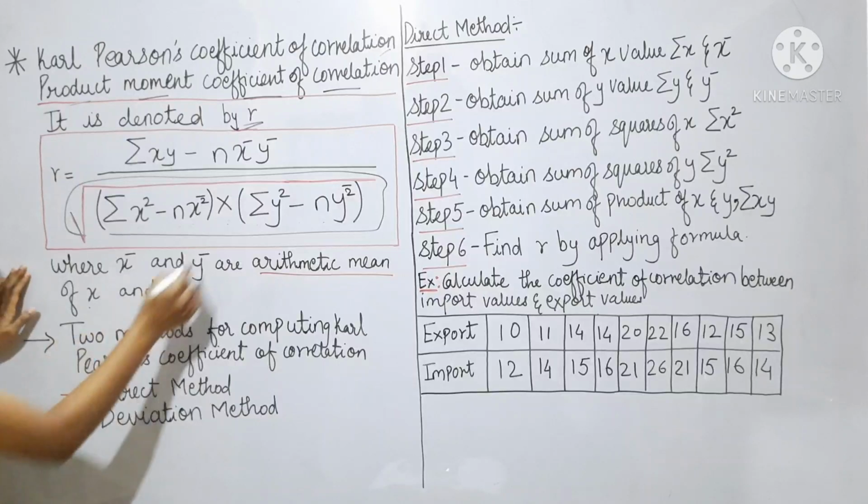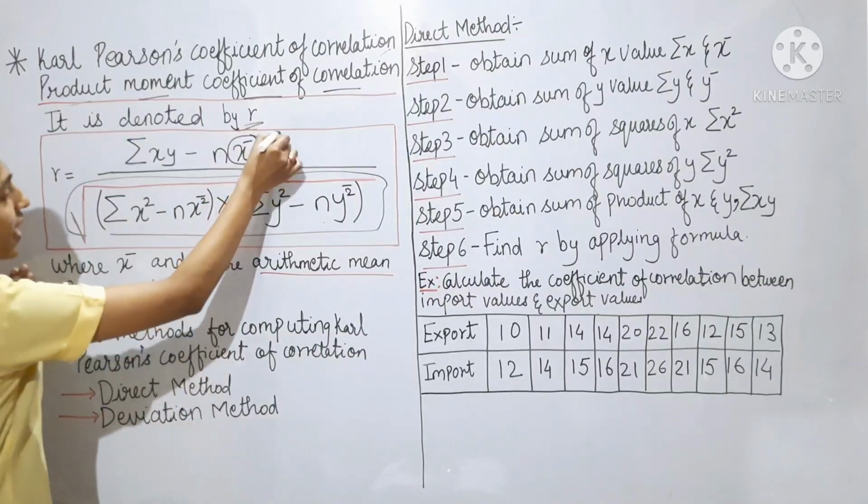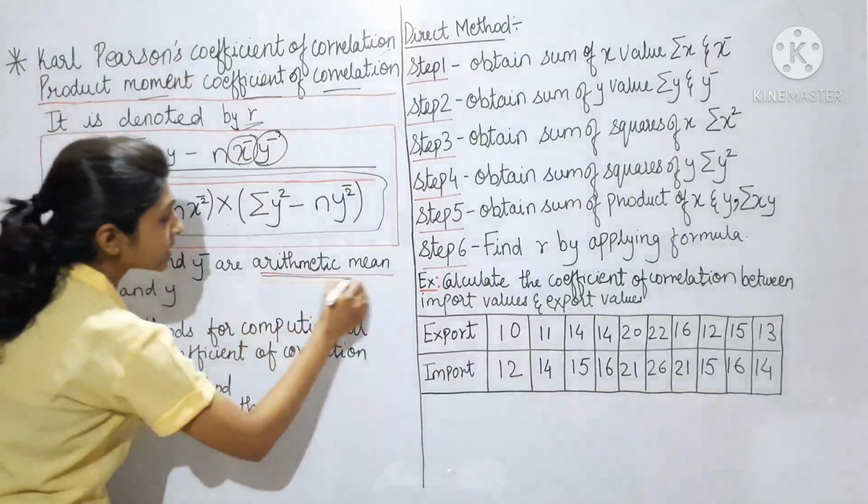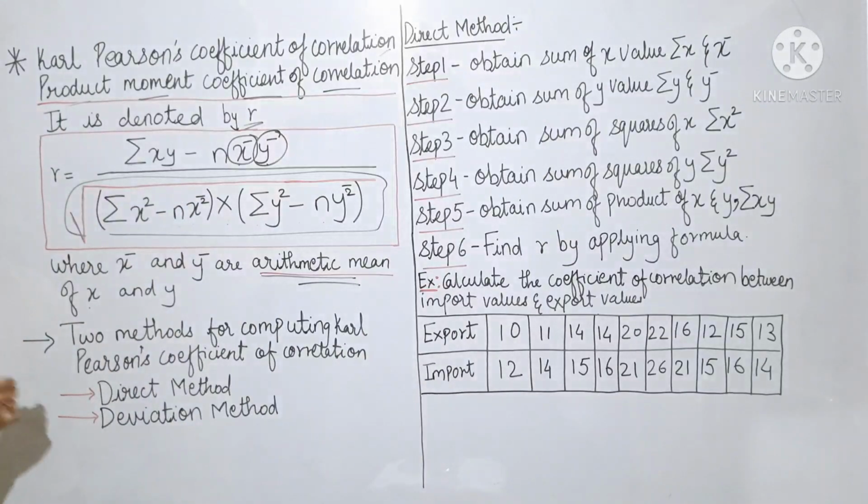Now in this formula, x bar and y bar are the arithmetic means of x and y.